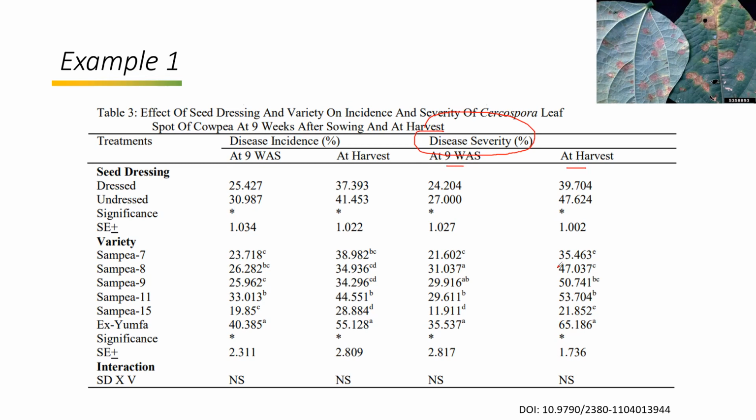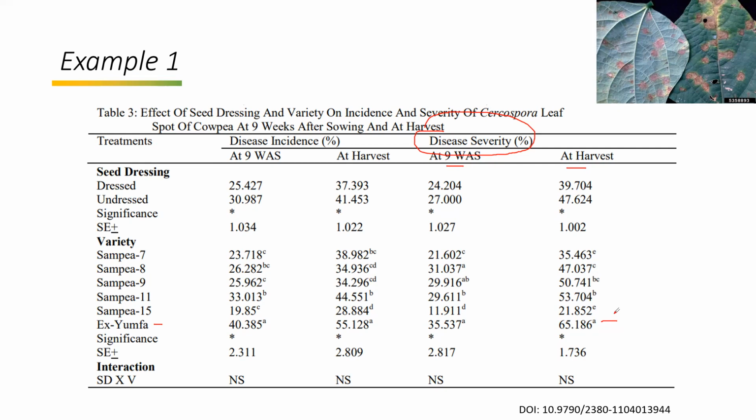From this data, we can see that variety X Yumfa has the highest disease severity at harvest, about 65%.